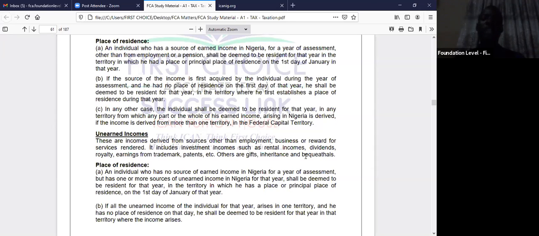Now for your dividends and interest, normally you are being paid net of withholding tax. Okay, let me give an example. Let's say you have received a dividend of 90,000.